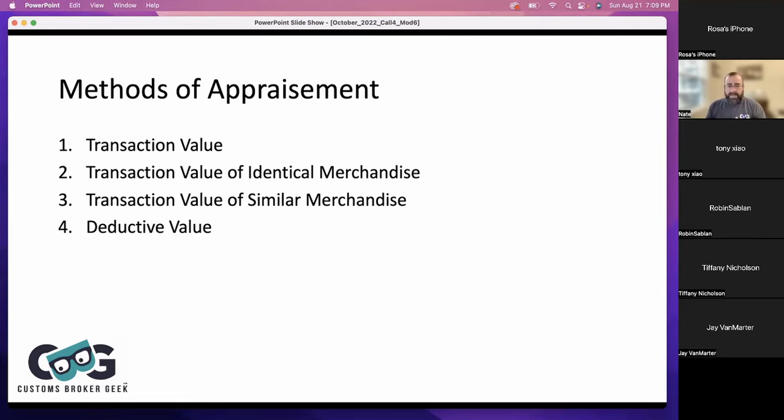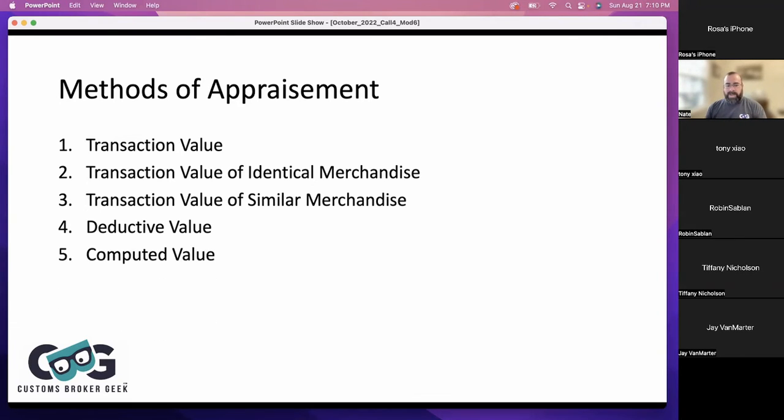So with deductive value, you're taking the price of the good after it's sold. Like those batteries come into the United States, and we can't apply any of the previous 3 methods. So we would take the selling price when the batteries were sold in the US, and then you back out charges that are outlined in the regulations to arrive at an acceptable entered value to report to customs.